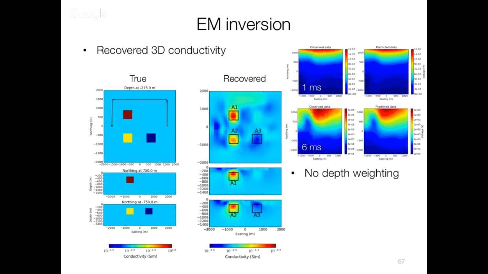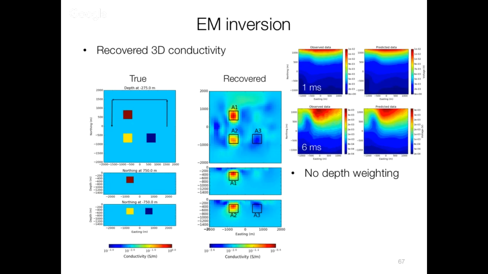So here's what, I mean, you could also take these same data. Remember now we've got all of these different sections at different times. So we can take those data, we can invert them, and this is what we get out from that. So actually look at this. And the thing about this is that there's no depth weighting.